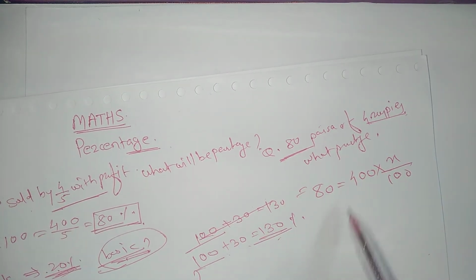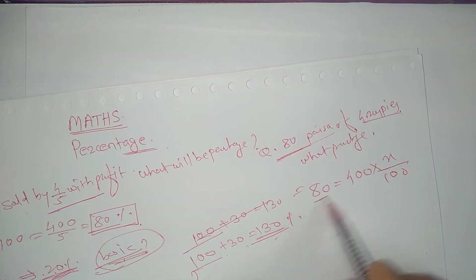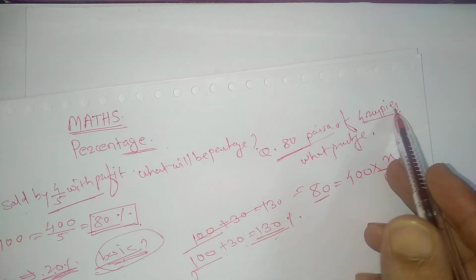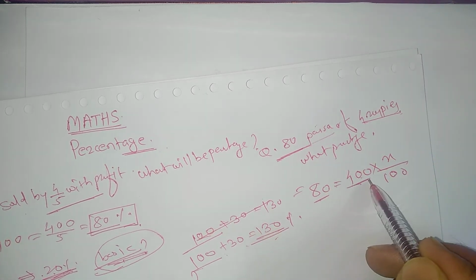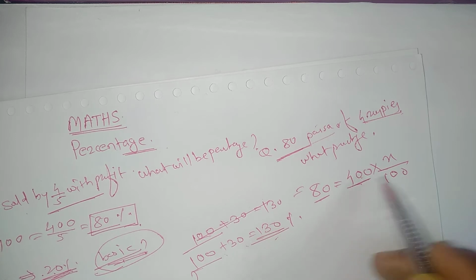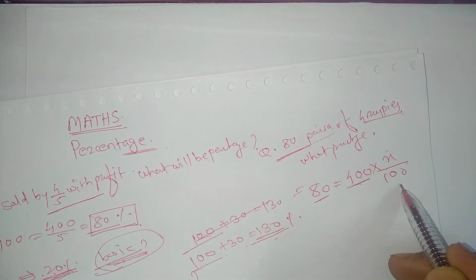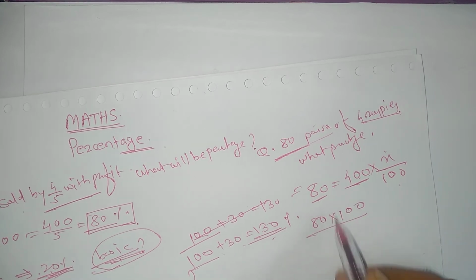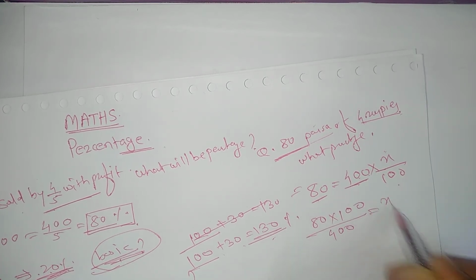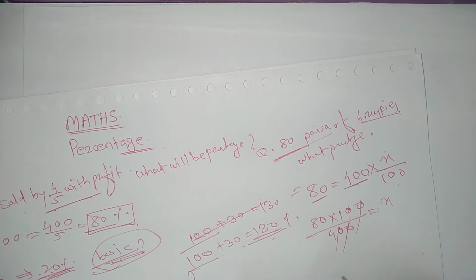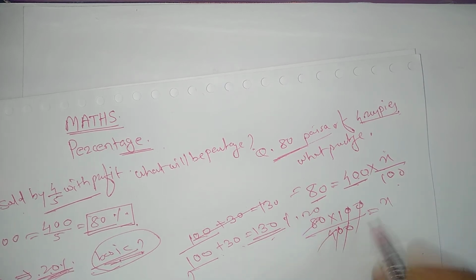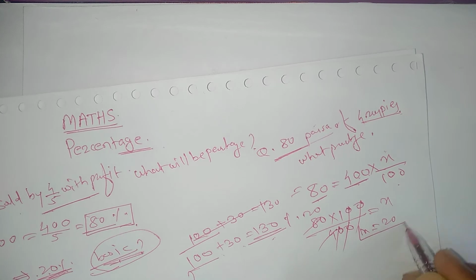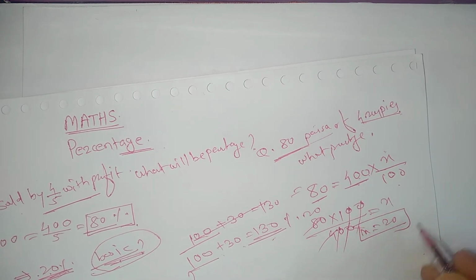What do I have to calculate here? 80 paisa equals x percent of 4 rupees. 4 rupees means 400 paisa into x divided by 100. If I do the cross multiplication and cancel the 400, I have to find the value of x. Both are gone, it's 20, so x equals 20.